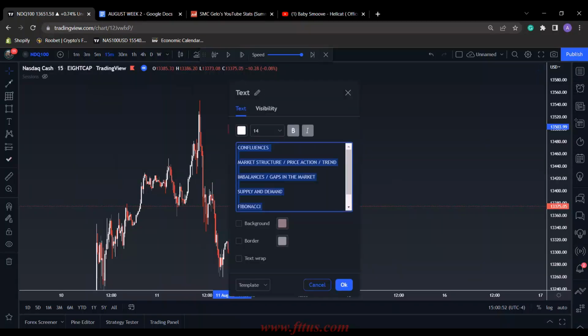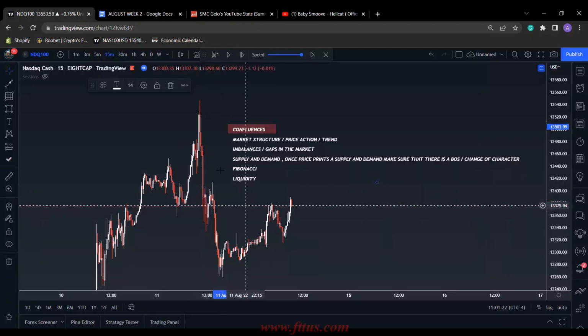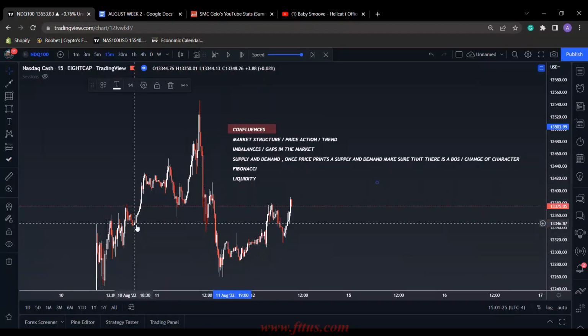And most importantly, with the supply and demand, once price prints a supply and demand, make sure that there is a break of structure, or change of character if you're trying to go in the opposite position, if you're trying to catch a reversal trade. If there's a break of structure, just make sure that it is a continuation trade, just like this.